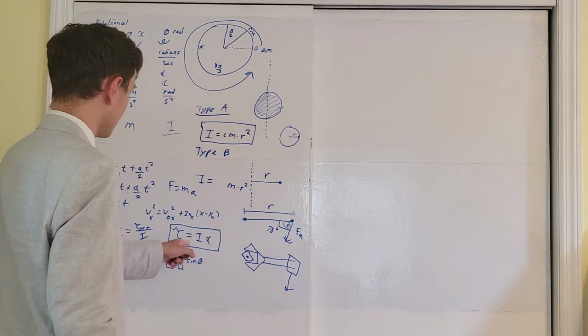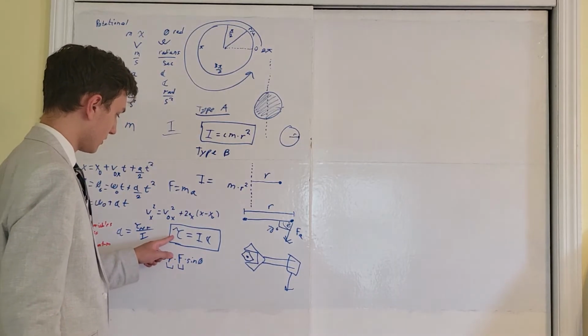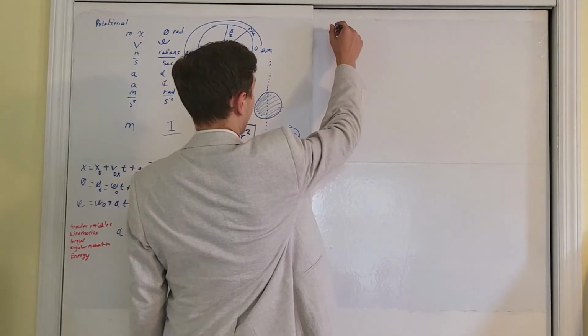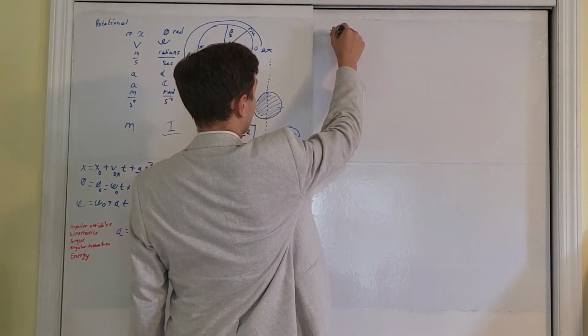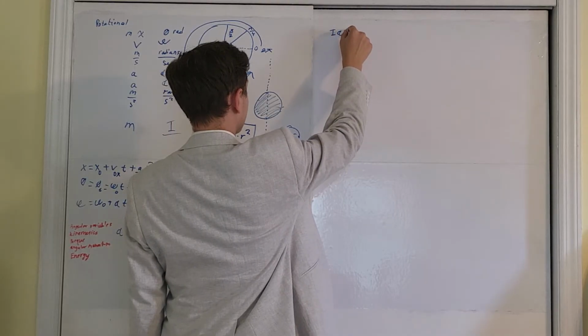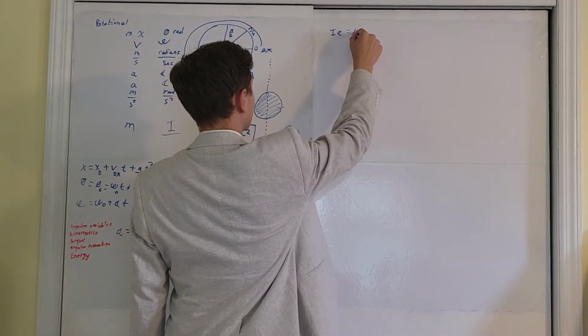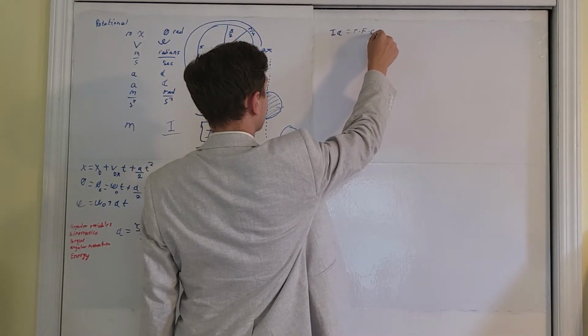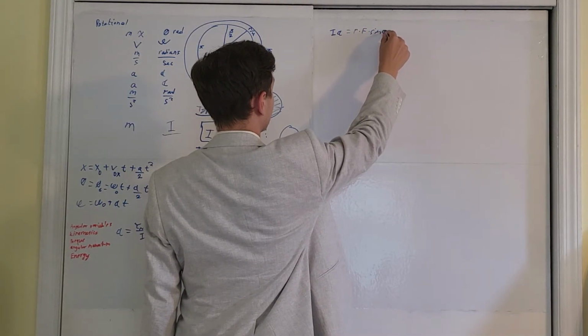Given that these two equations are in terms of our torque, we can say that the angular acceleration times the rotational inertia of a rotating body is equal to the radius at which a force is applied times that force times the sine of the angle between them.